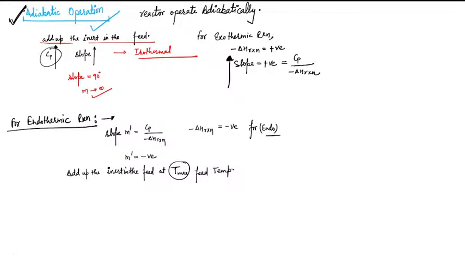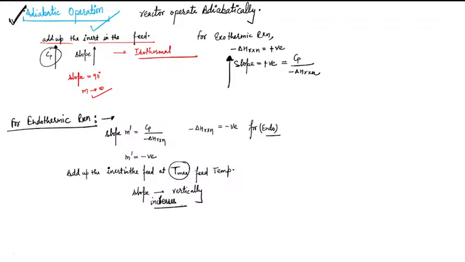Then what will happen, sir? At maximum feed temperature, if it is endothermic without inert, the temperature will decrease, but with inert, the heat for the reaction mixture is taken from the inerts. So after that, what are we getting? The slope tends toward vertical. Slope tending to vertical means the slope increases if you add the inert.